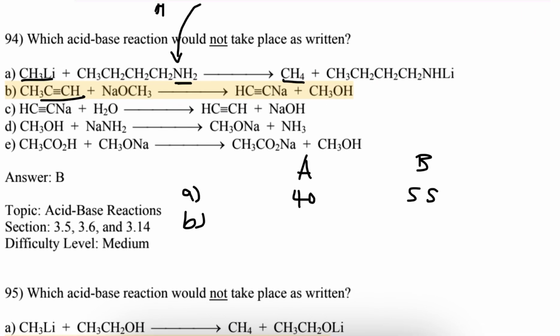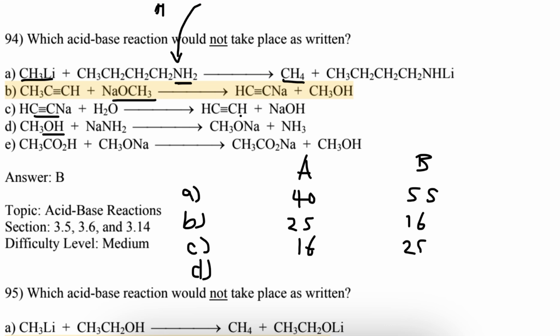Here, this lost an H, that's an acid, alkyne, 25. This gained an H, alcohol, 16. Alkyne, gained an H, the base, 25. Water, lost an H, the acid, 16.